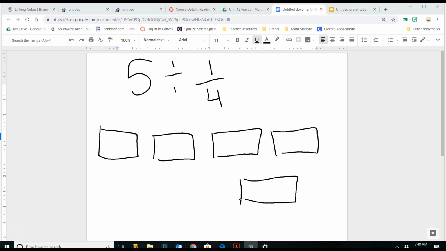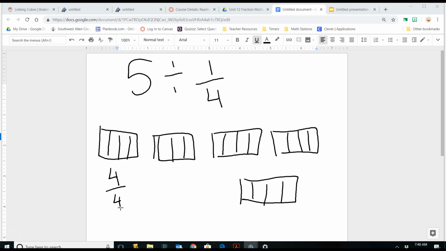Okay, now I'm going to divide my 5s into fourths. How many fourths do I have in each of my wholes? I have 4 fourths in each of my wholes.